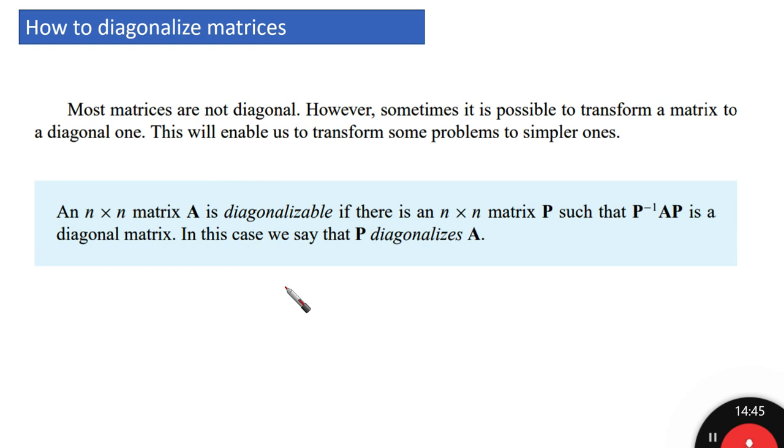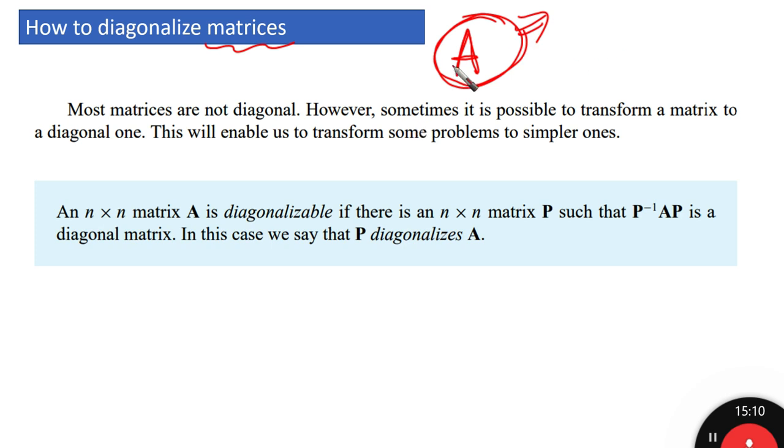Let's go now to how to diagonalize matrices. So if we say that A is a diagonal matrix, well, this is good, but who guarantees that A is going to be a diagonal matrix if it doesn't look like a diagonal matrix? We don't know. Maybe there is a way that we need to follow in order to transform any matrix to a diagonal matrix.